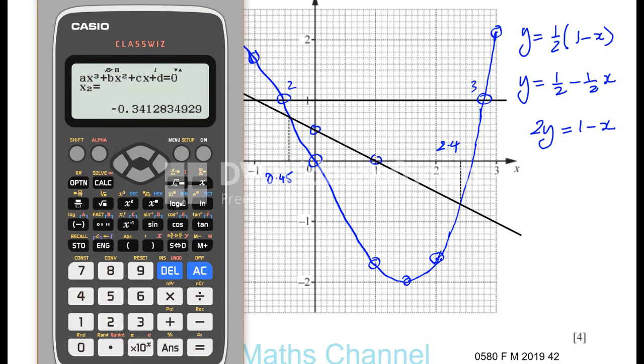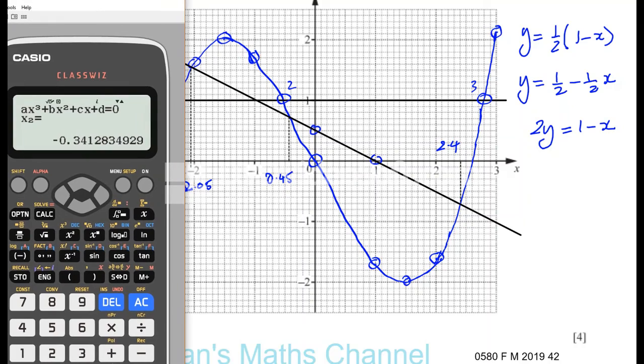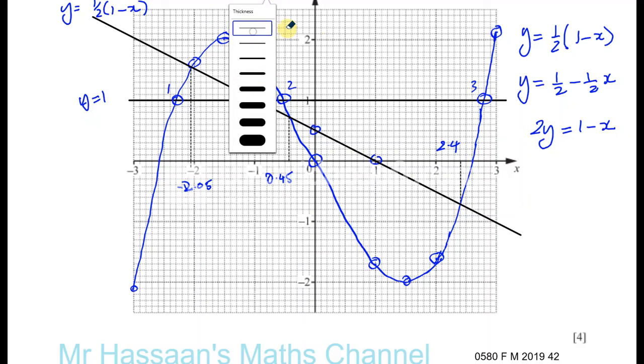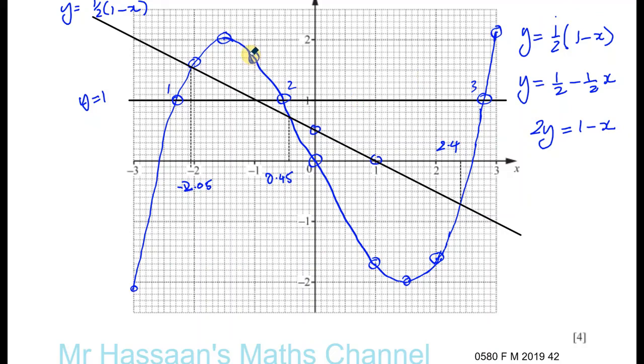Now can you see here where I've drawn my curve? It kind of caves in a bit here. So really I could now correct my curve at this point to try and make it a bit more accurate. So it should be a bit more rounded and maybe come down a bit more like this.